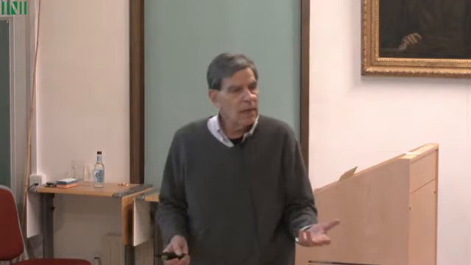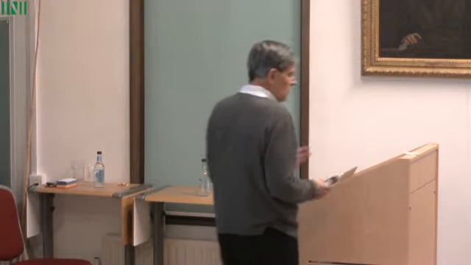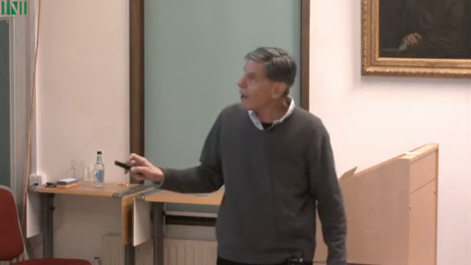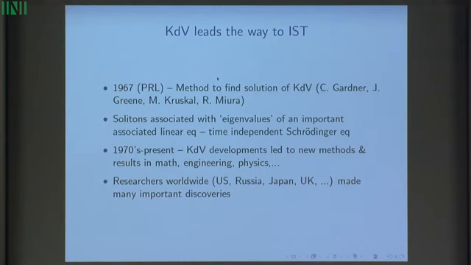And if you say, well, I found some more solutions to an equation, okay, might be interesting. But to have the profound impact it had, it had to be something really deep. And the depth was that solitons, these special solutions of special equations, have to do with spectral theory, eigenvalues of important linear equations.